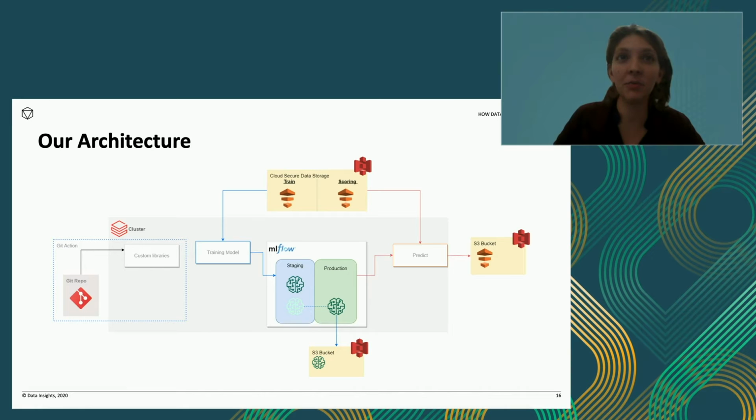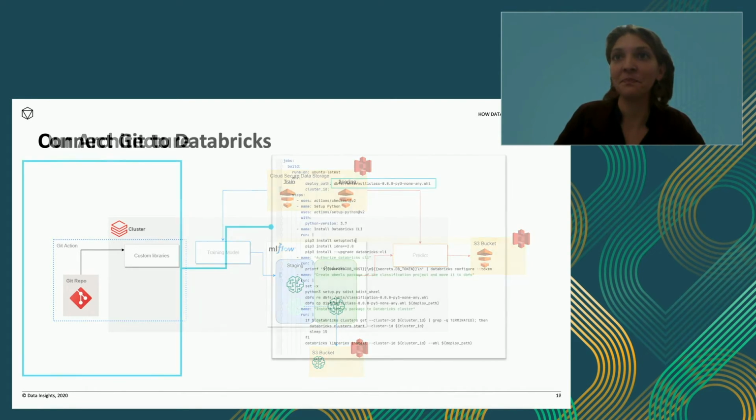Then we have the Databricks cluster that allows us to make everything run on the cloud. And then we have the S3 buckets, so Amazon buckets that assure the security layer that is needed in production. Last but not least, we have MLflow that is actually allowing us to do all the maintenance of the model that till now we were missing.